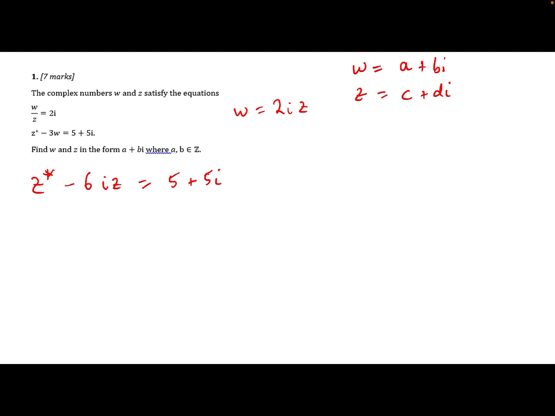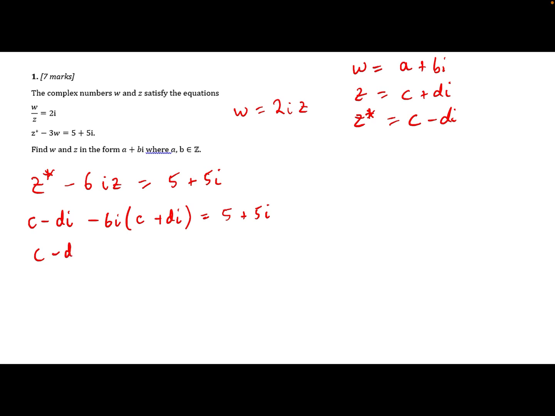Now remember what this star means. It means the conjugate of Z, which is c minus di. So we're going to say c minus di, minus 6i times c plus di, because that's its conjugate pair, is equal to 5 plus 5i.